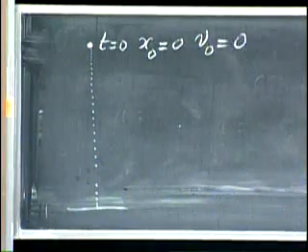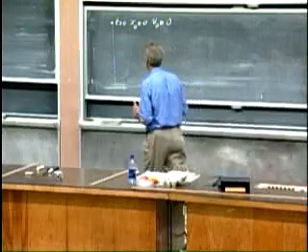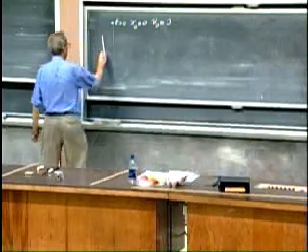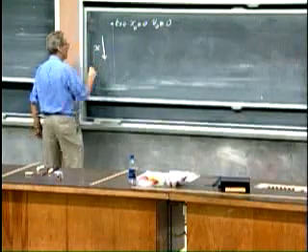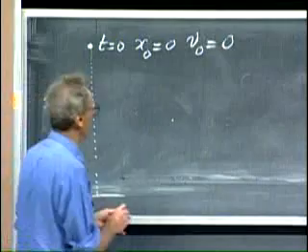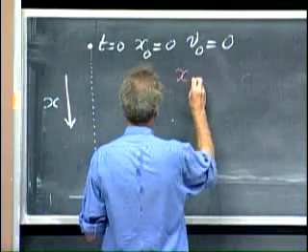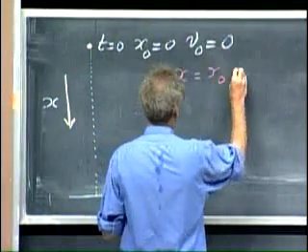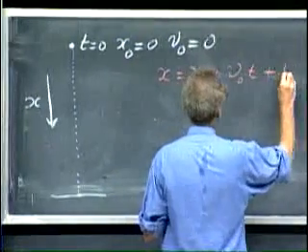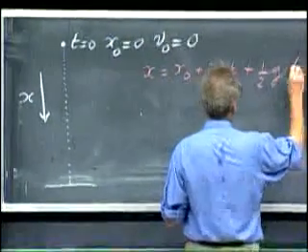Well, the general equations now, which deal with gravity, if I call this the increasing value of x, you can choose it differently, this is my choice today, are the following. x equals x0 plus v0t plus 1/2 gt squared.